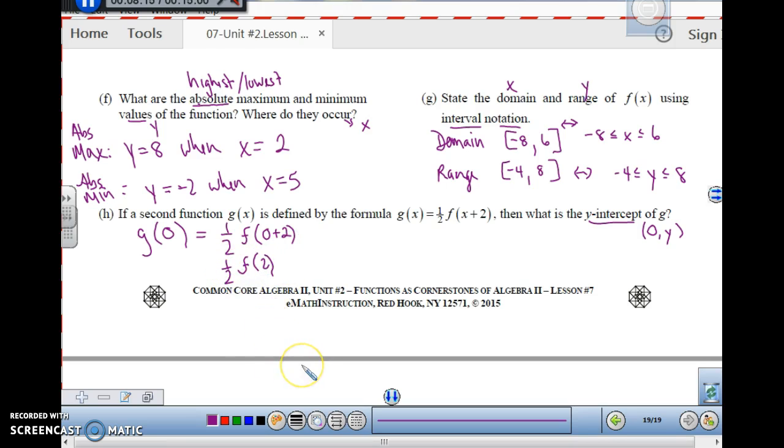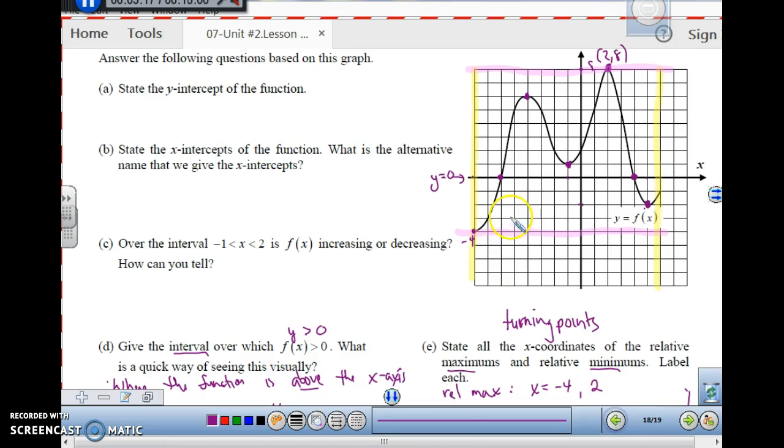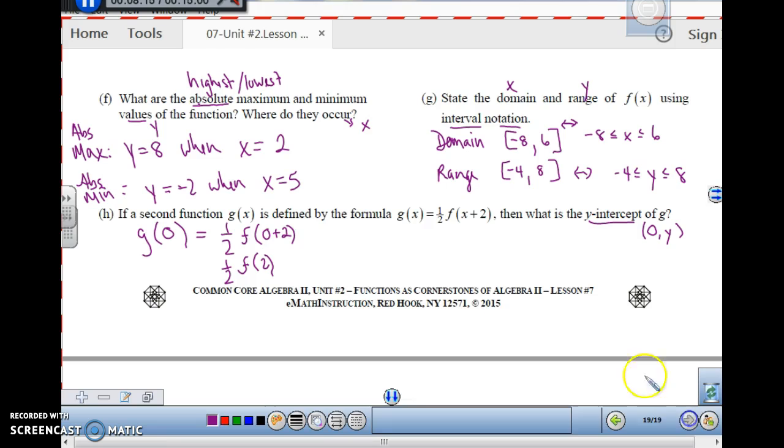So what we need to know is what is f of 2 on this function? F of 2 is when x is 2 on this function. What's your y? Well, let's see. X is 2, y is 8. So this is going to be 1/2 of 8, which is equal to 4, because f of 2 is equal to 8. So there we go.